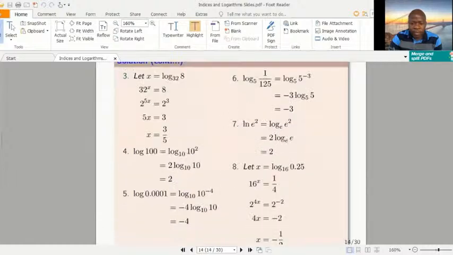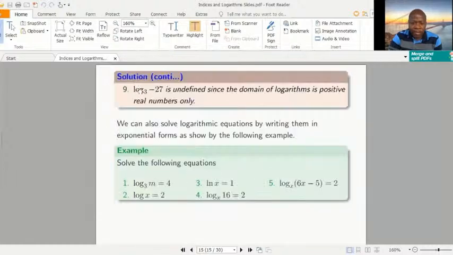And what is my answer here? I've said that the log of negative 27 to base 3 is undefined, because you don't find the log of a negative number. That's why I'm saying it's supposed to be positive real numbers only. You only find the logarithm of positive real numbers.